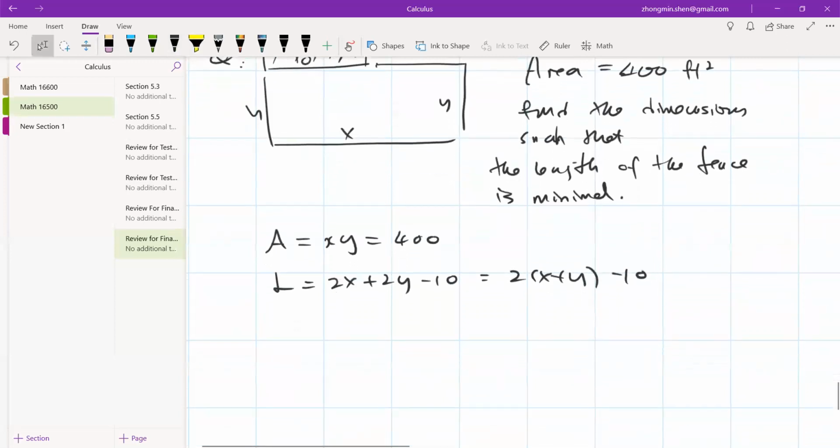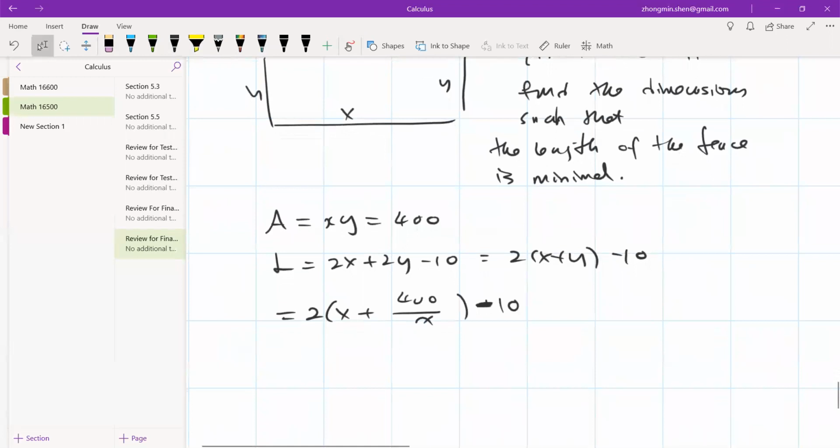There are two variables, but x and y are related. So you can say 2x plus 2 times 400 divided by x minus 10. So that will be 2x plus 800 x to the negative 1 minus 10.